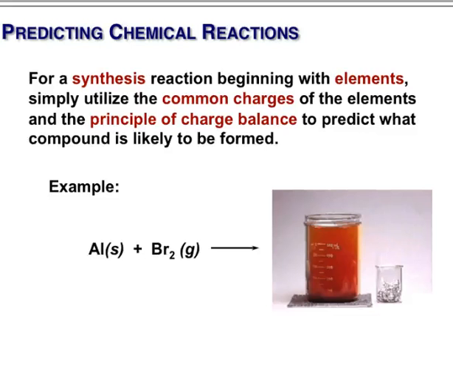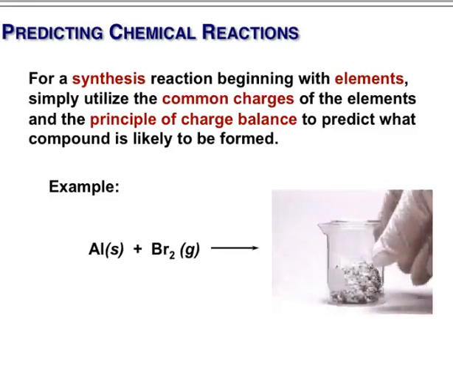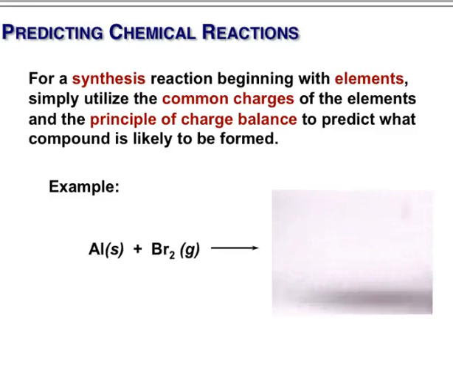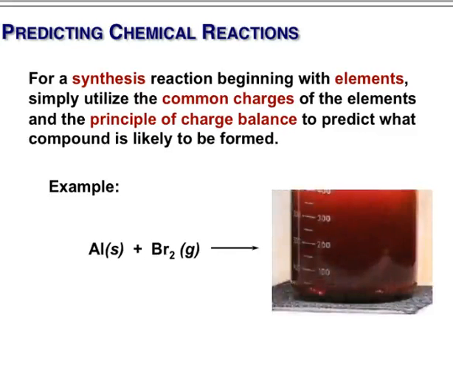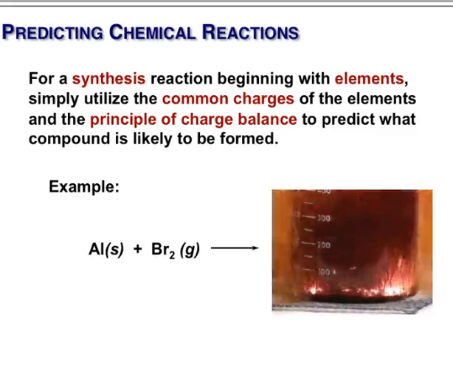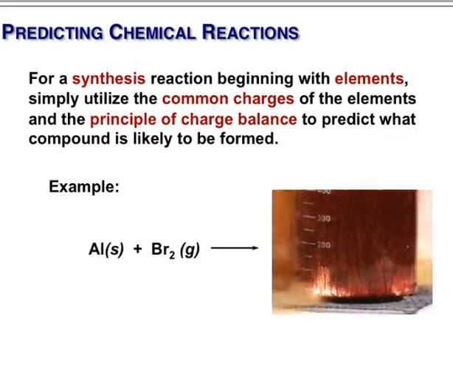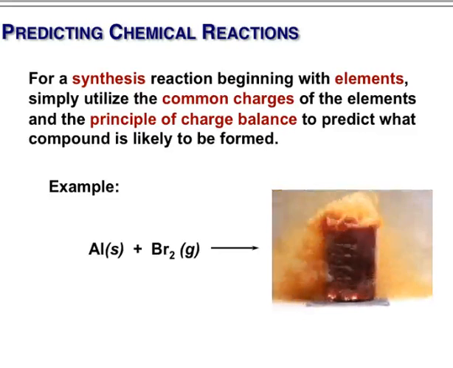Now, we've seen this before, aluminum reacting with bromine. I'll just start the movie because it's a neat movie. Take a little bit of aluminum, dump it into a beaker of fuming bromine. We get lots and lots of heat evolved, lots of very, very toxic bromine gas going everywhere.